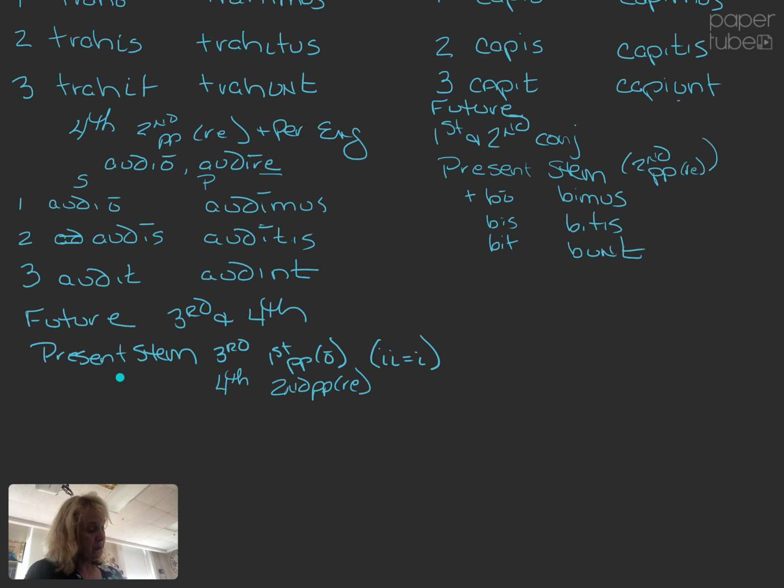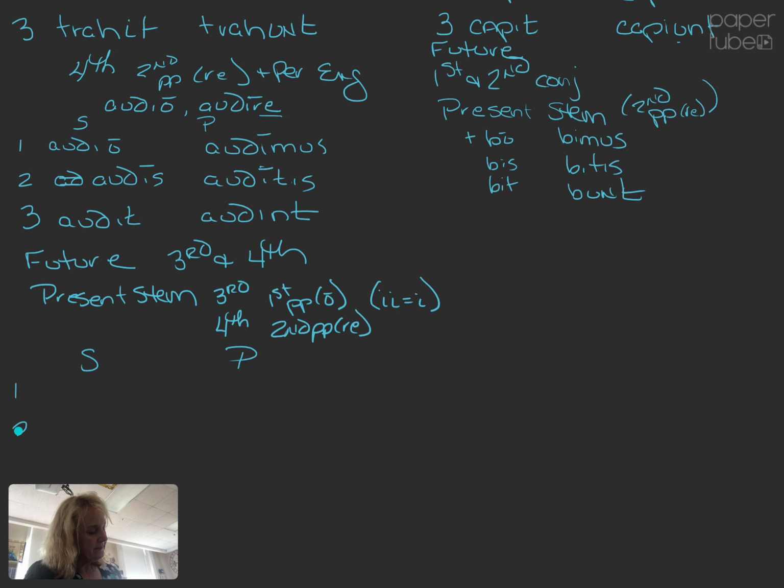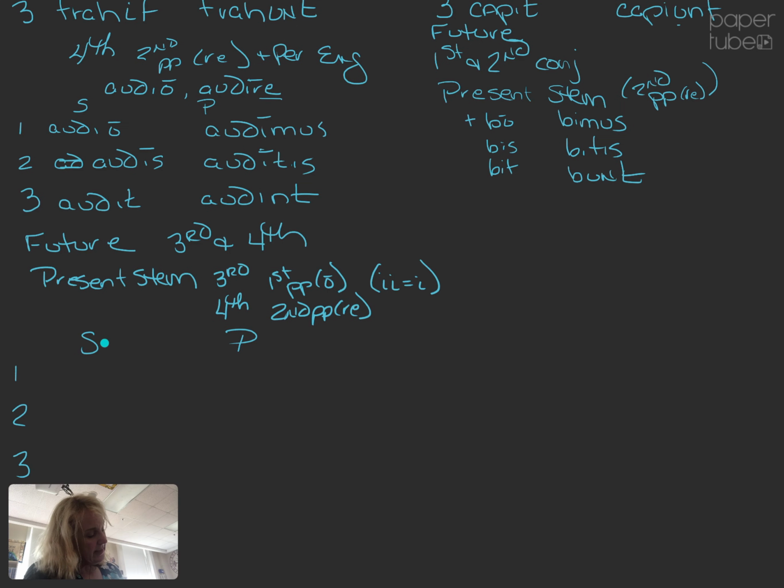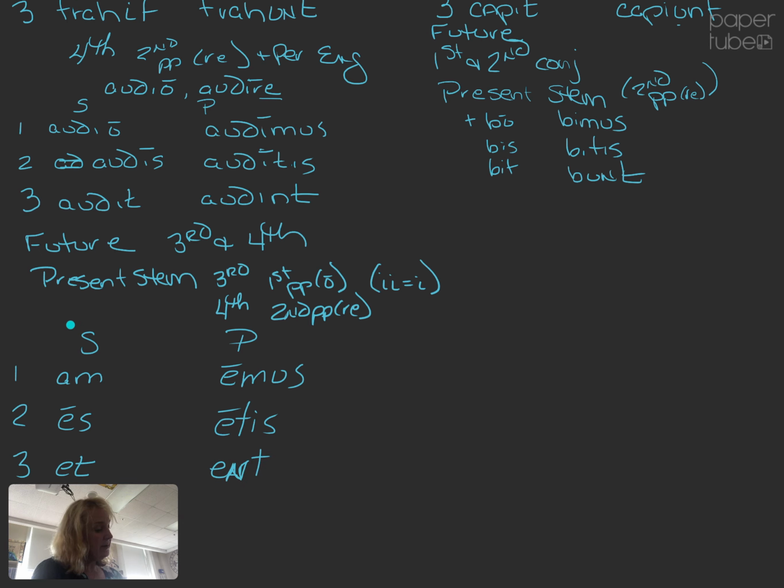However we get to that present stem, for future, we add am, es, et, amus, etis, ent. That's an N.